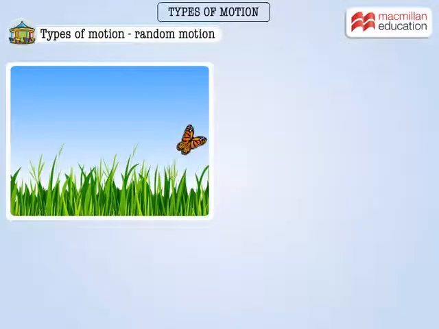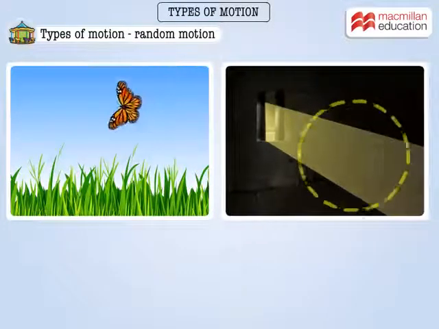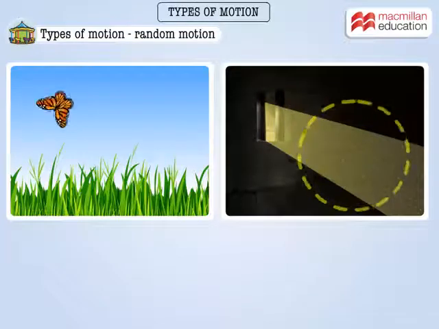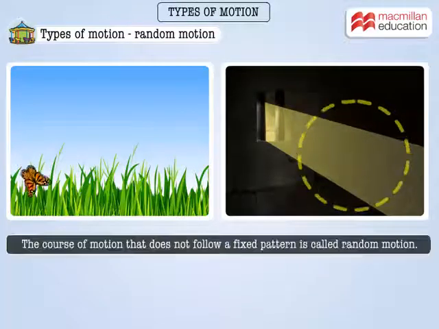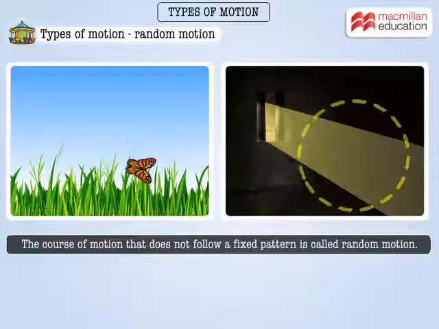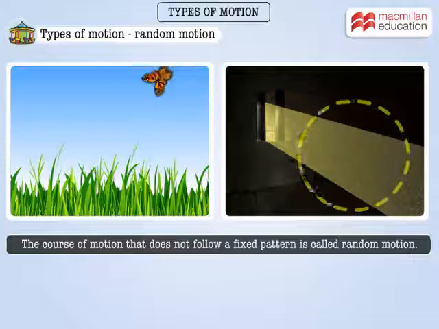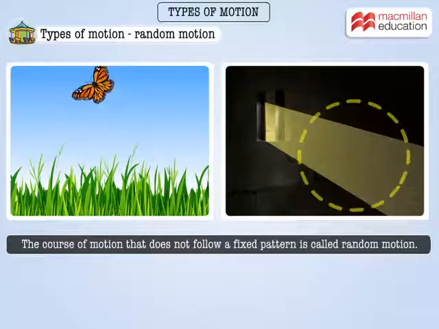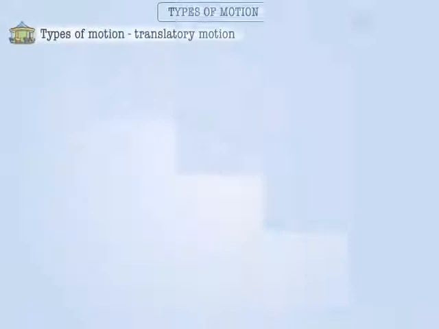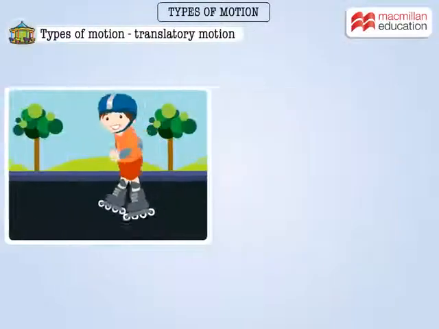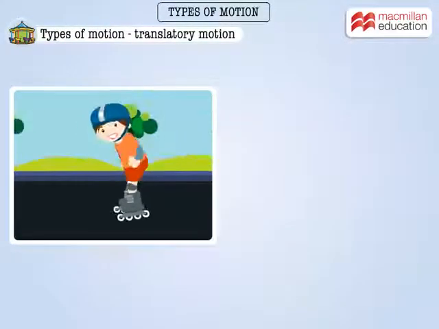Observe a butterfly in motion or dust particles illuminated by sunlight. The course of motion in both the cases does not follow a fixed pattern. This type of motion is called random motion. Translatory motion is another type of motion.